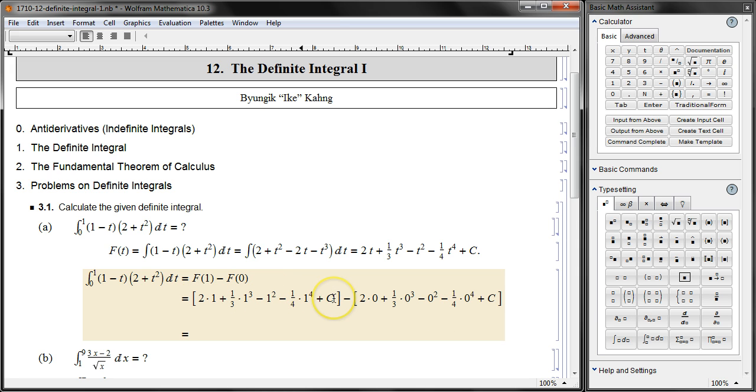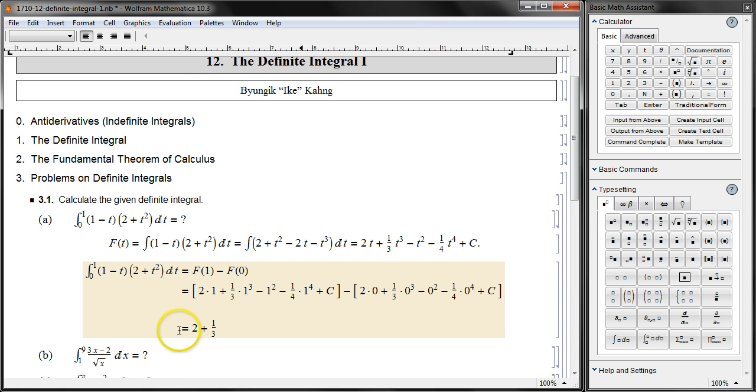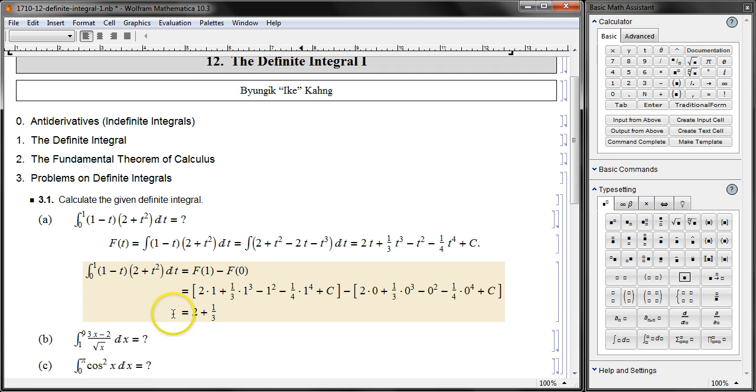Now, please note that plus c and plus c will cancel each other out. And then what's left will be 2 plus 1/3 minus 1 minus 1/4, and then all these are zeros. So that's going to be our answer.